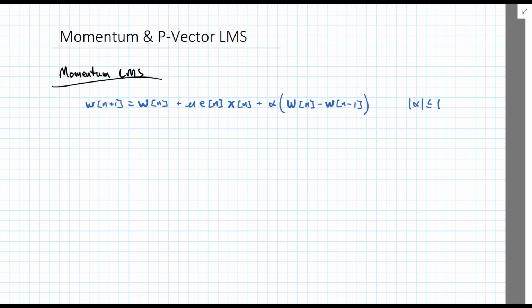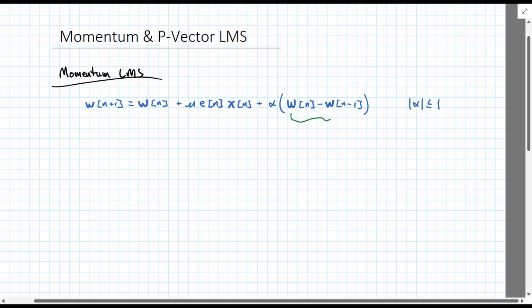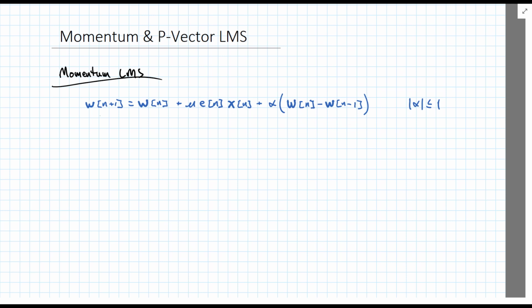So as this difference increases right here, then the total update will increase, and the difference between these two values will be larger, and at the next value of n, the difference in those now becomes the difference in these, which is now larger. And you can see that we will increase faster and faster until we finally start to get corrections in the other direction, which will slow things back down.